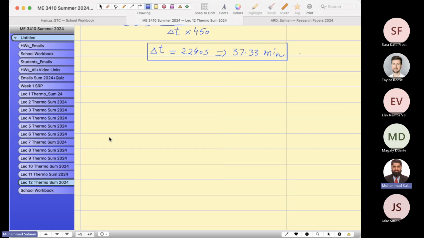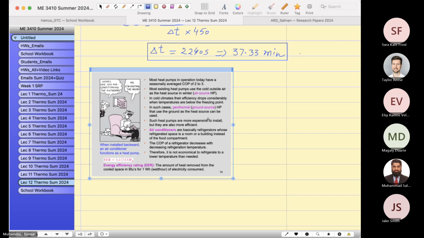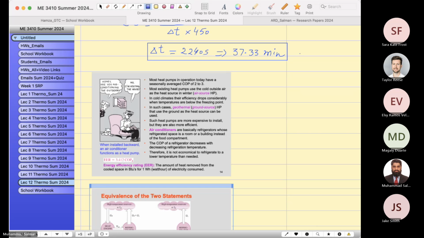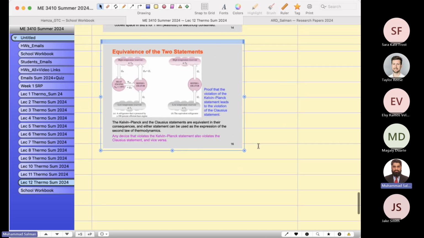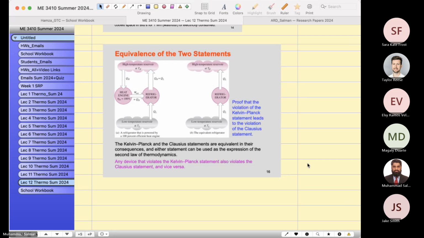So we studied this one already, so let's see. Don't worry about this slide. This slide is explaining that if one statement is incorrect, the other one is also incorrect, or if one statement is correct, the other one is correct.